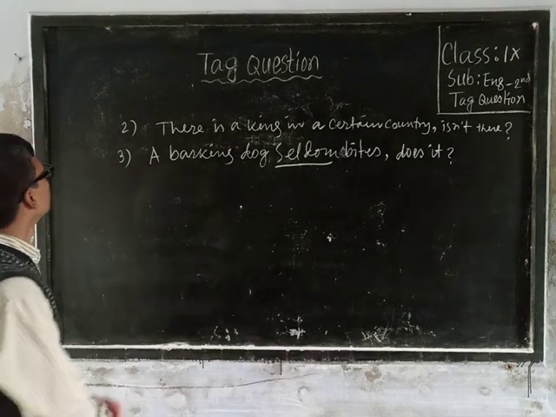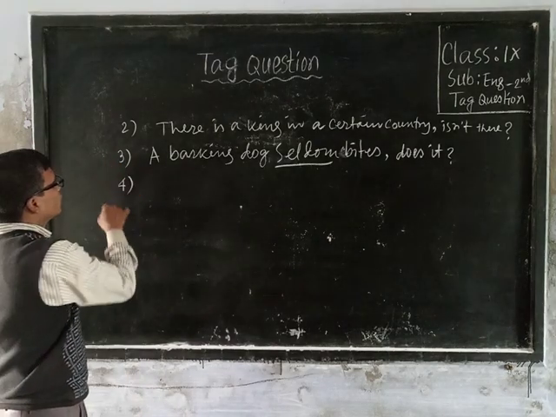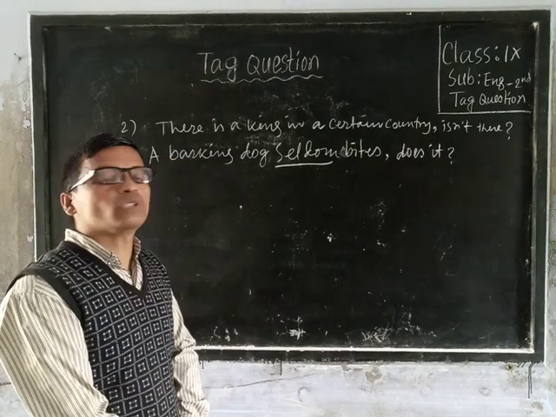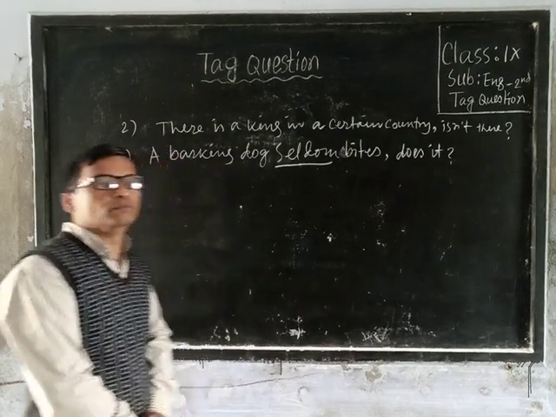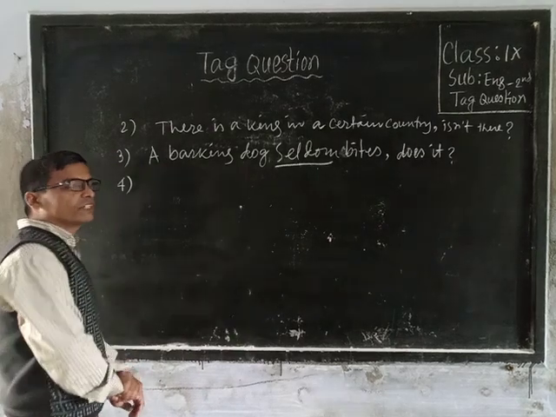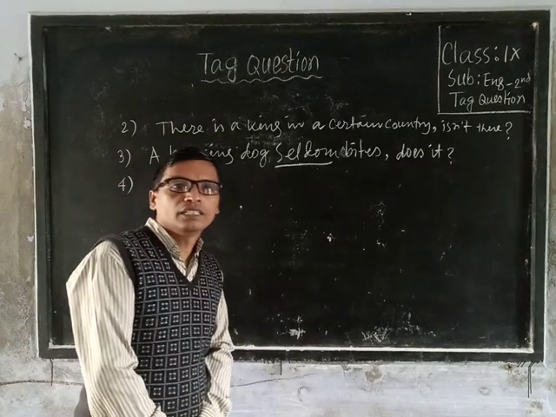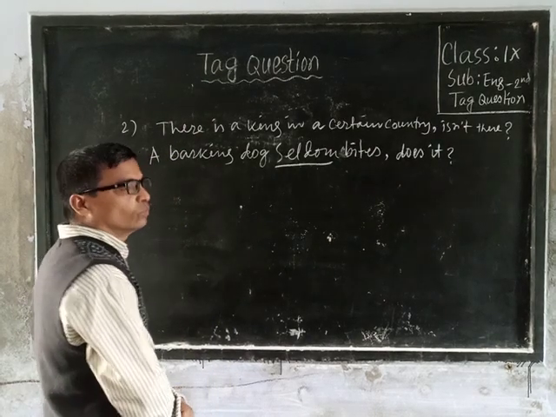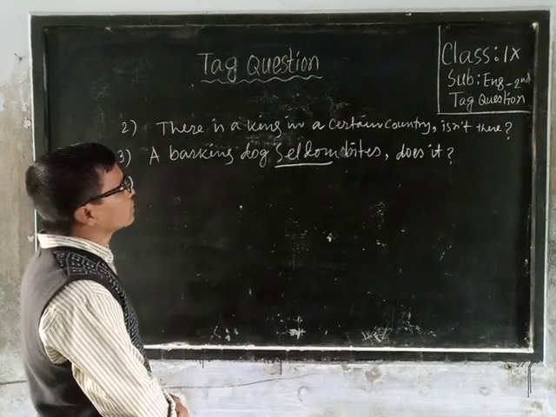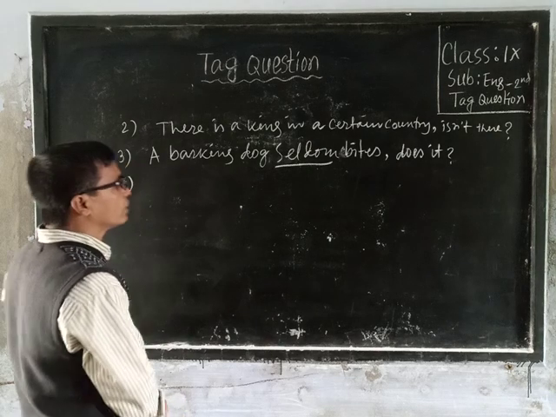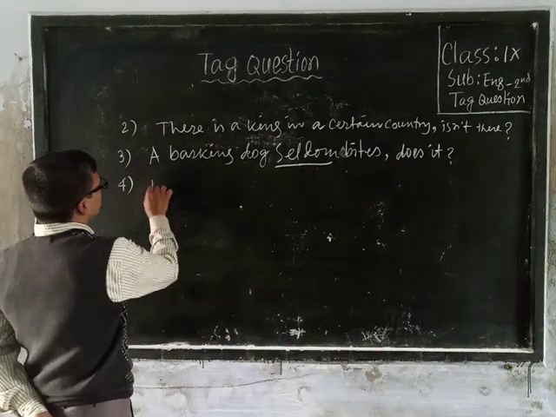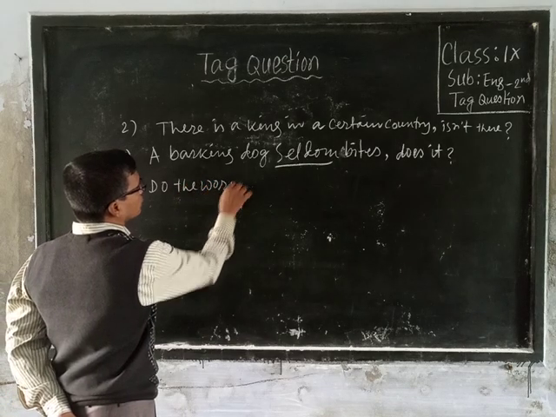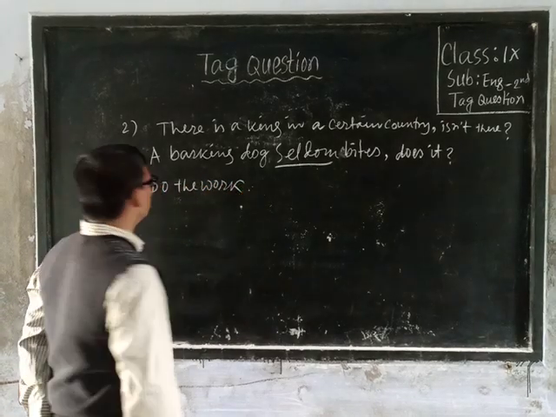Now dear students, we are going to another one. If our sentence is started with any verb, that means the sentence will be an imperative sentence. So how can we turn this statement into a tag? We will see that. Do the work. Do the work.